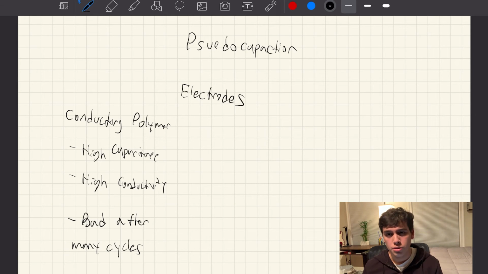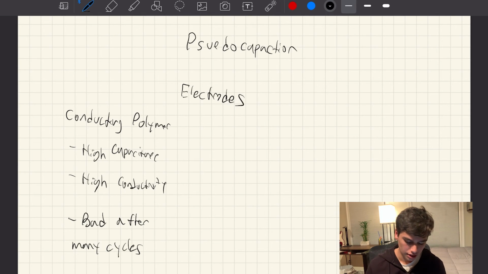It's going to have issues with charging. It's one of the main issues, and one thing being researched right now is manufacturing techniques that may make it more efficient after many cycles. Because as we said, that's really one of the main benefits of capacitors, that they're able to have all these cycles that a battery would normally not be able to have.